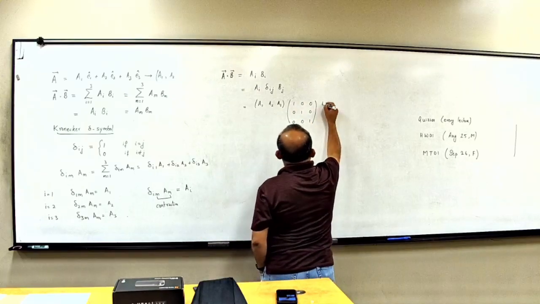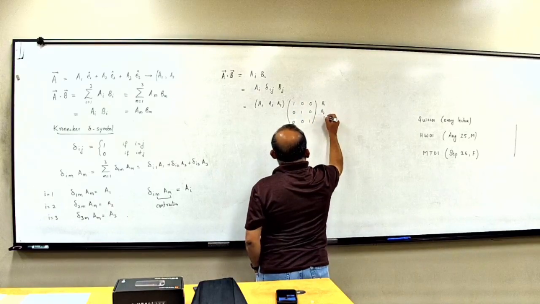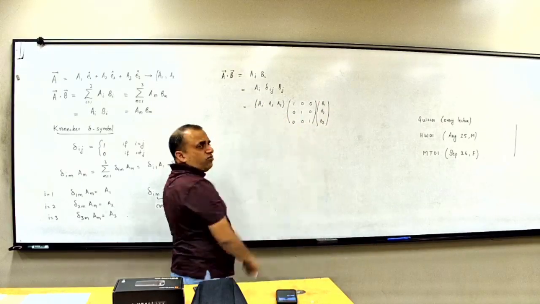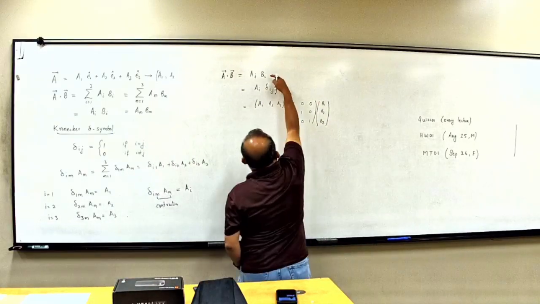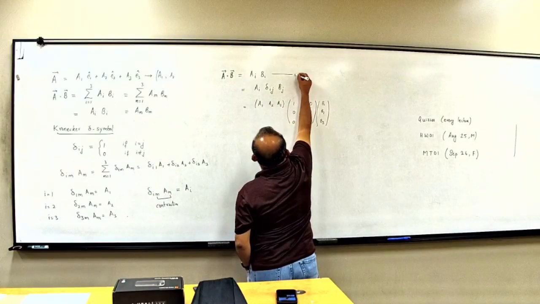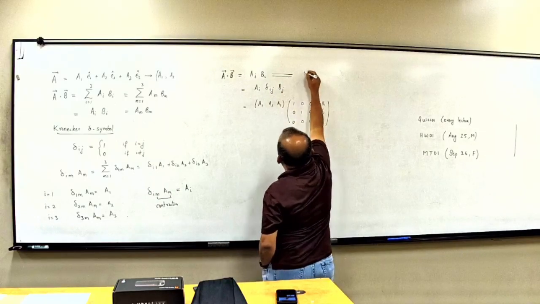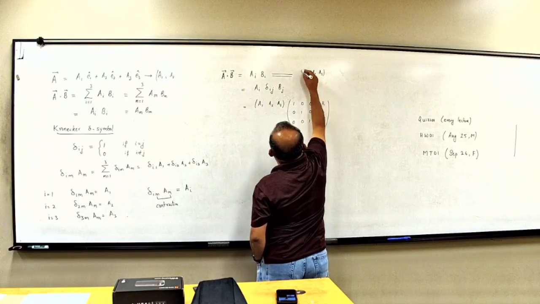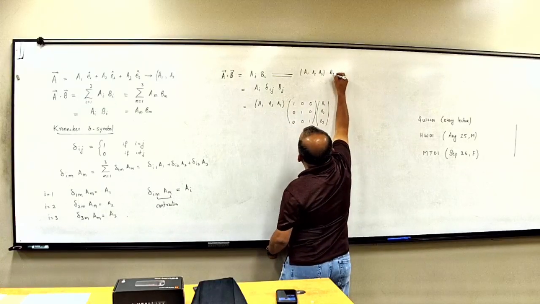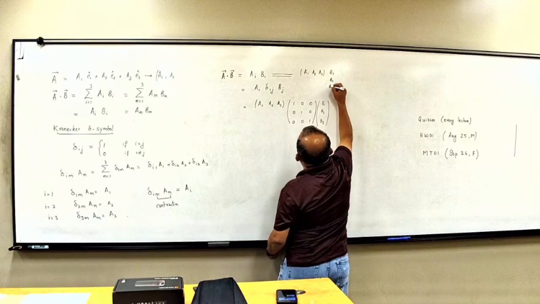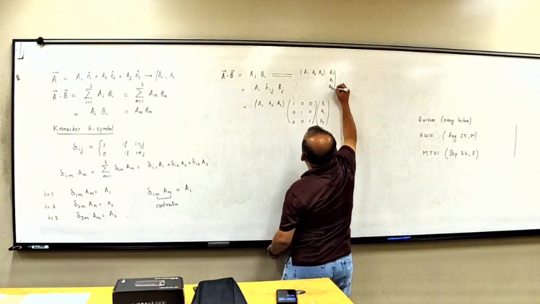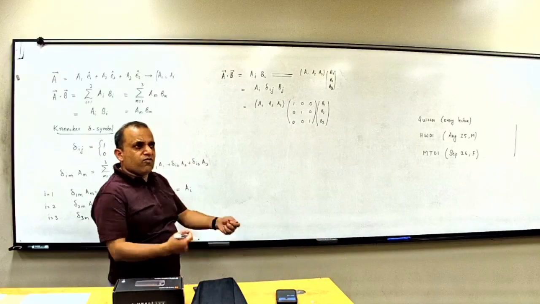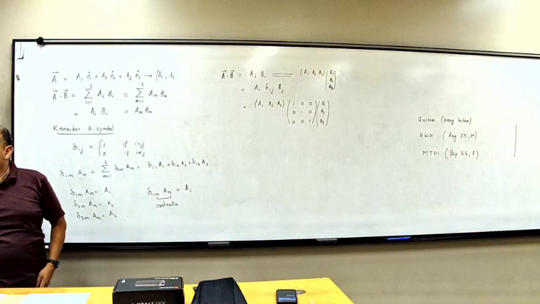And this is b1, b2, b3. That's what this means. Or it can be imagined like this because the matrix multiplication involves this a1 b1, a2 b2.